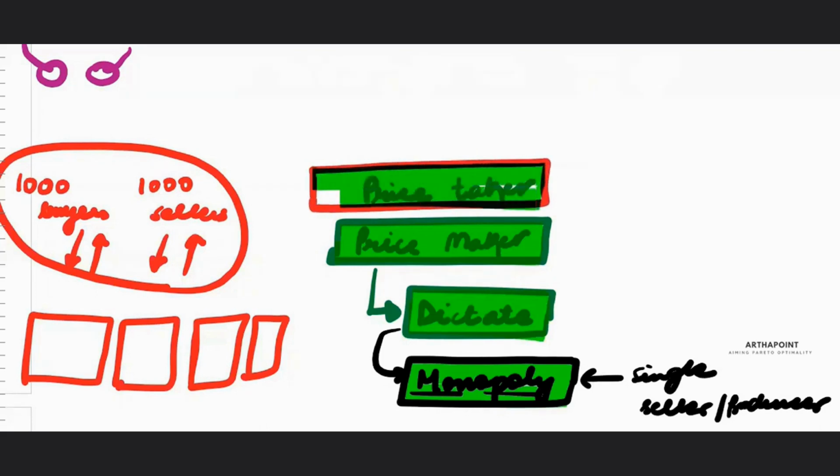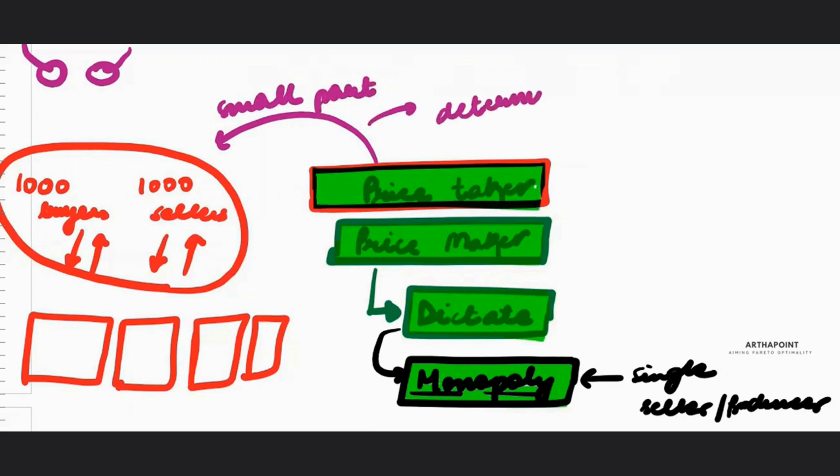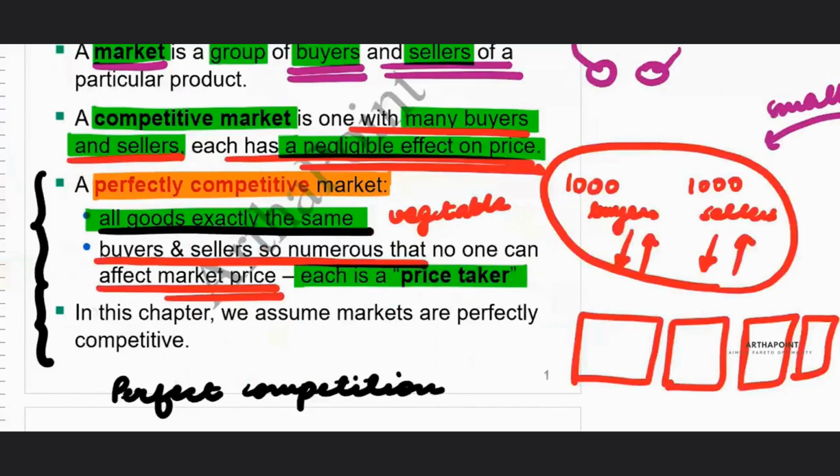There are so many buyers and so many sellers that each buyer or seller is a very small part of the market. Since they are a very small part of the market, they don't have any say in determining the prices. Is this fine? So they are just the takers of prices. They will just take price as given.